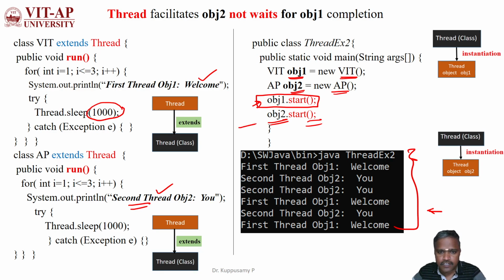Until then obj2 will wait. Even though the CPU becomes idle, obj2 waits until obj1 completes. So unnecessary waiting time is introduced and the processing time also increases. To avoid that, we can go for the thread concept by introducing parallel processing.